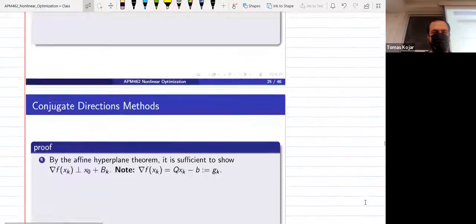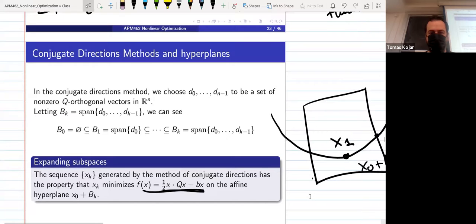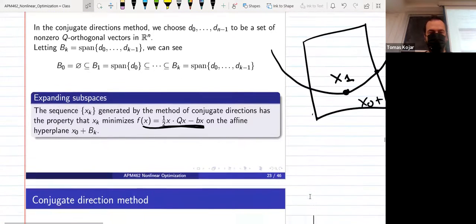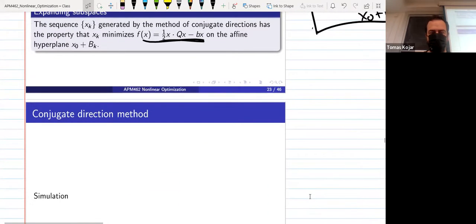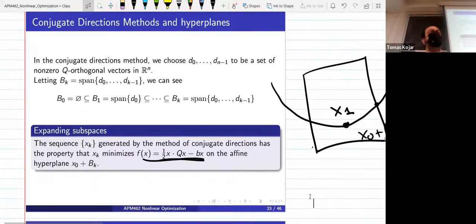So let's see. Let me go back to the theorem. Okay, just to see if you understand what has happened. Finding the minimizer.